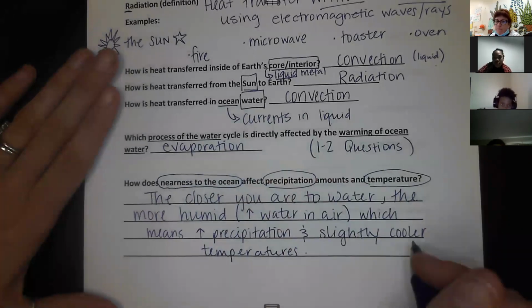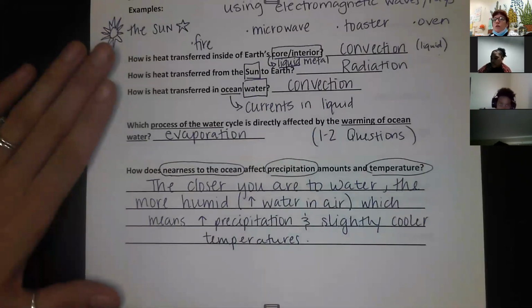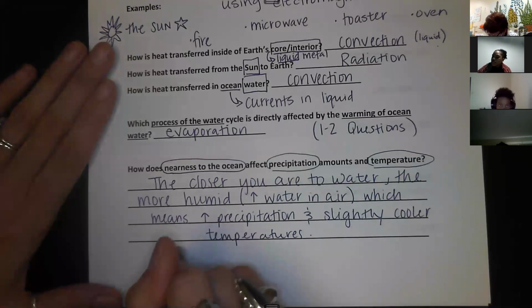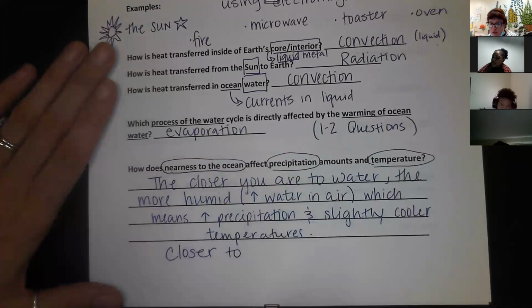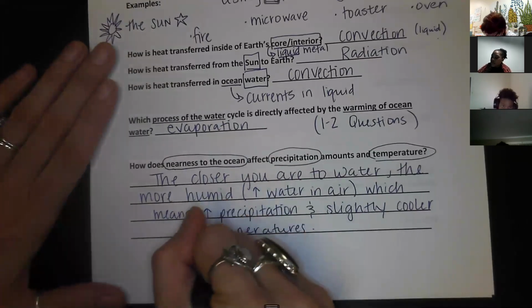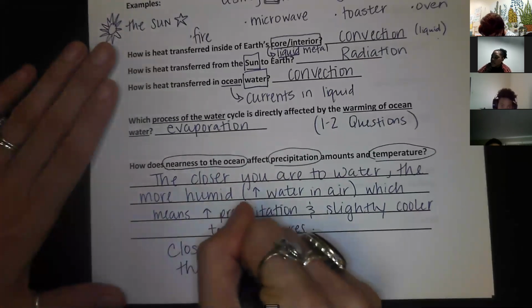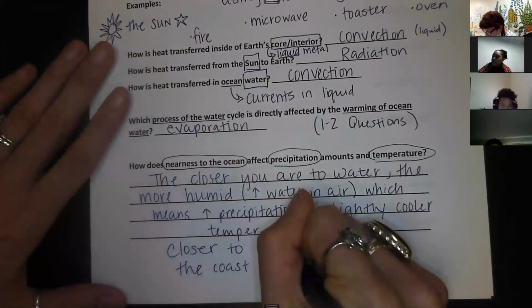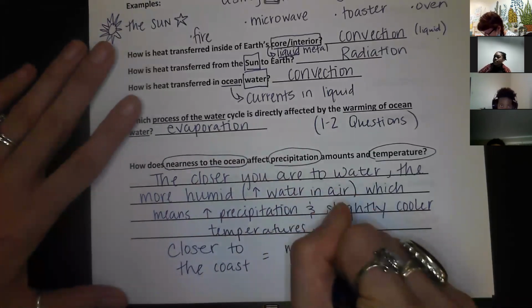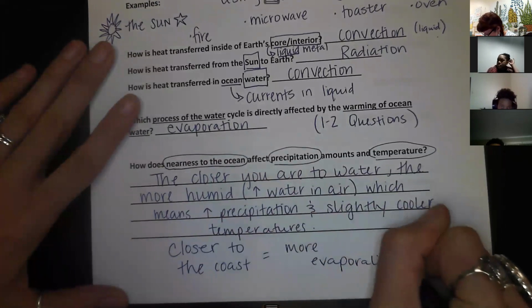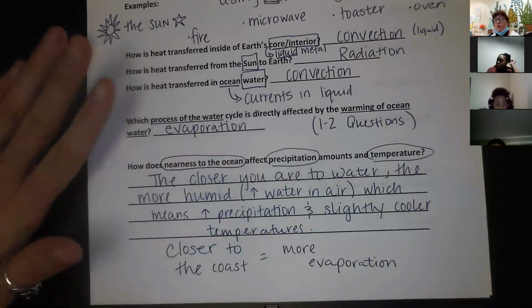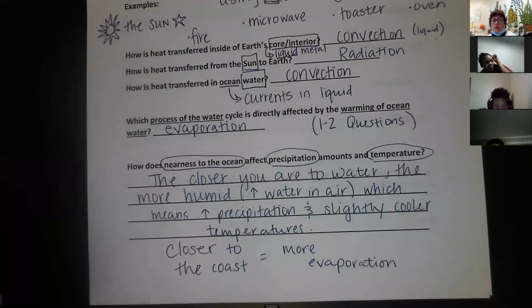And if you need to, I'm going to write this just because I want to get as much information as I can. Closer to the coast means more water to be evaporated. There's literally more water.